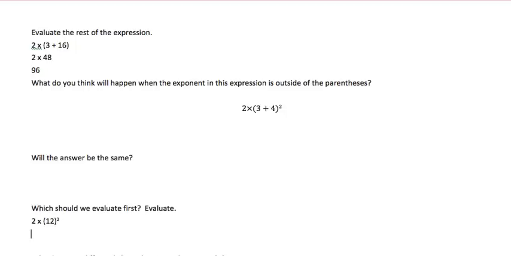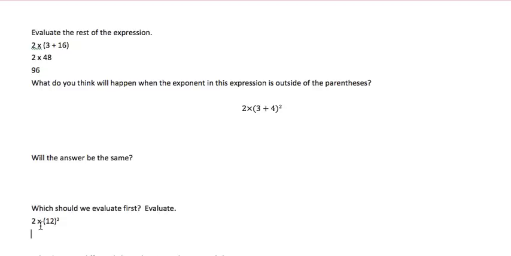Now please notice the exponent is outside of the parentheses, meaning that the exponent relates to whatever is inside the parentheses, not this multiplication. Okay, we don't want to miss that, because remember, the order was parentheses, then exponents, then multiplication and division, then addition and subtraction.